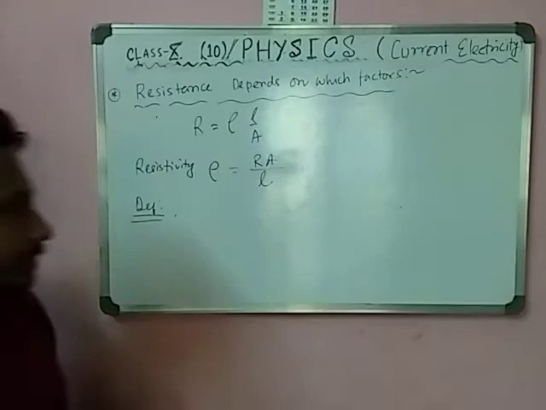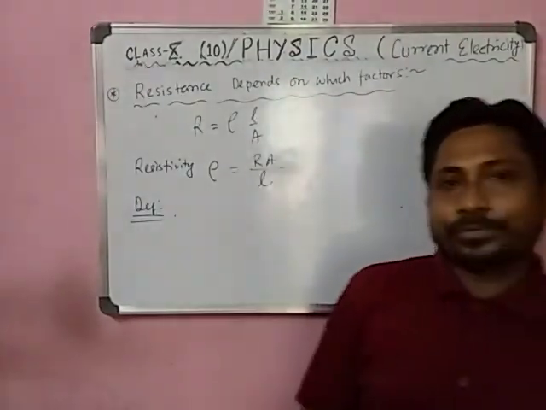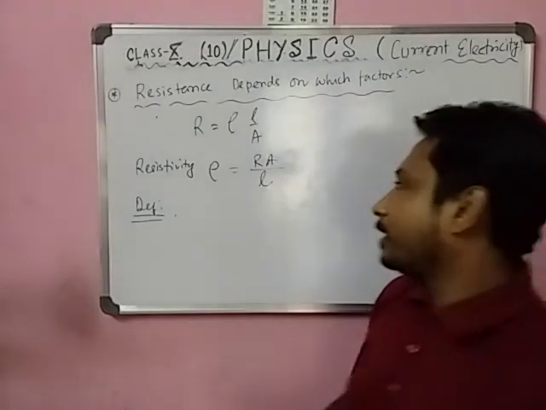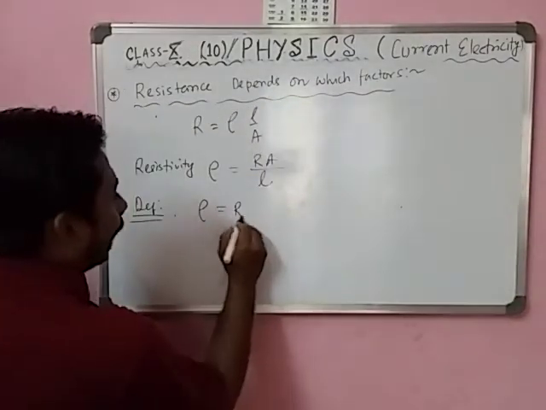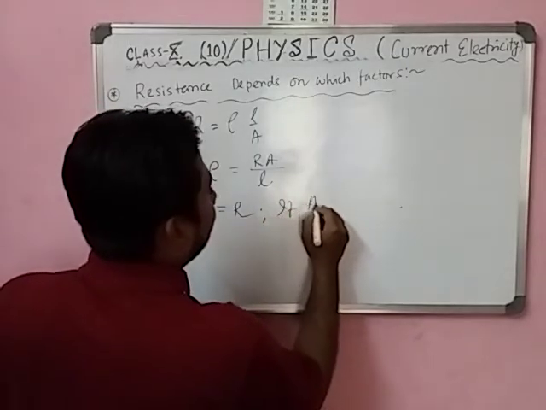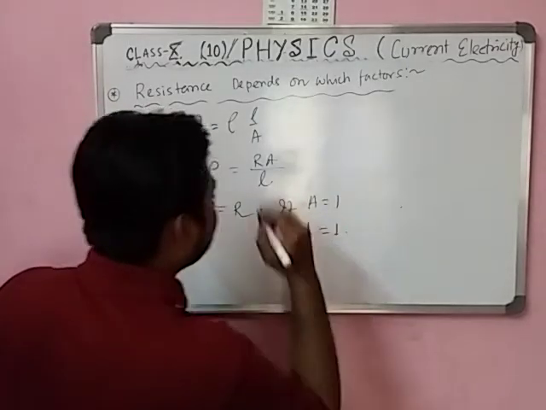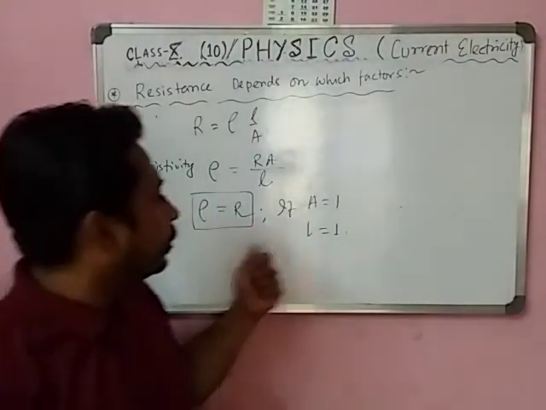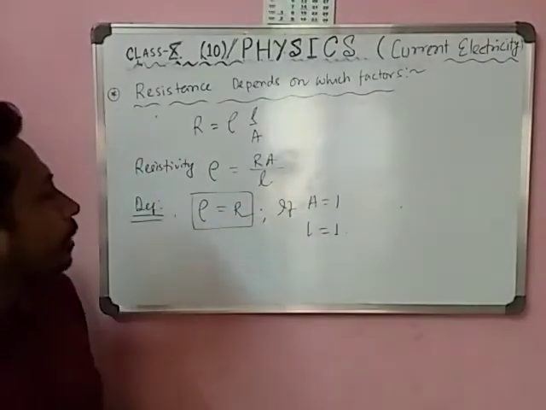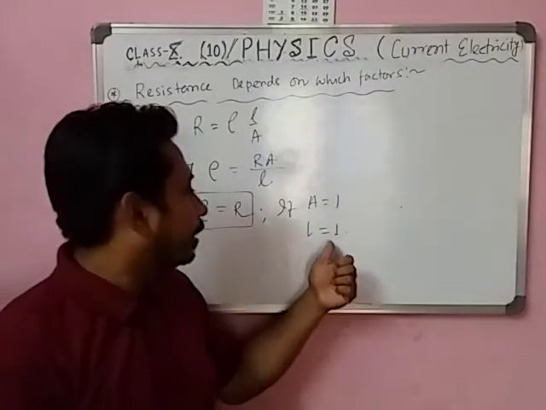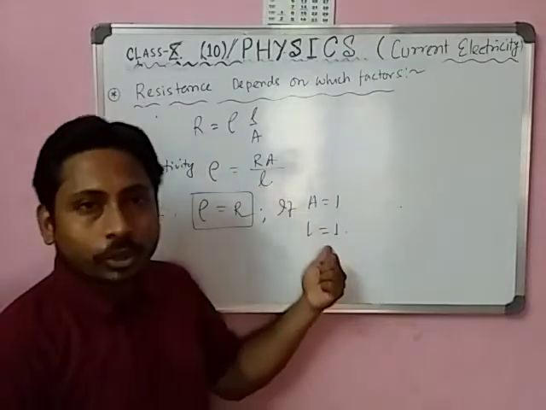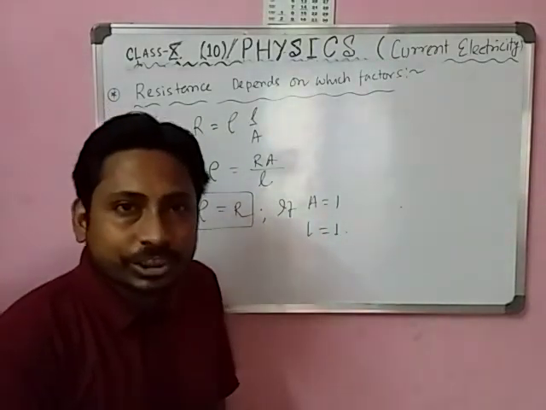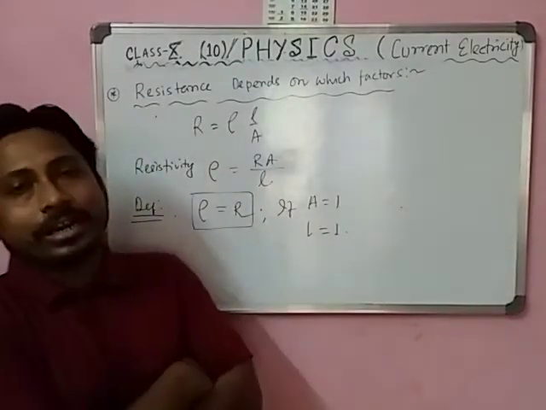Now how will you define the resistivity? See, very easy. If A is 1 and L is 1, then rho is equal to R. So how will you write it in format? You will write, for unit length and unit area of cross section, resistance will be the resistivity of the conductor.